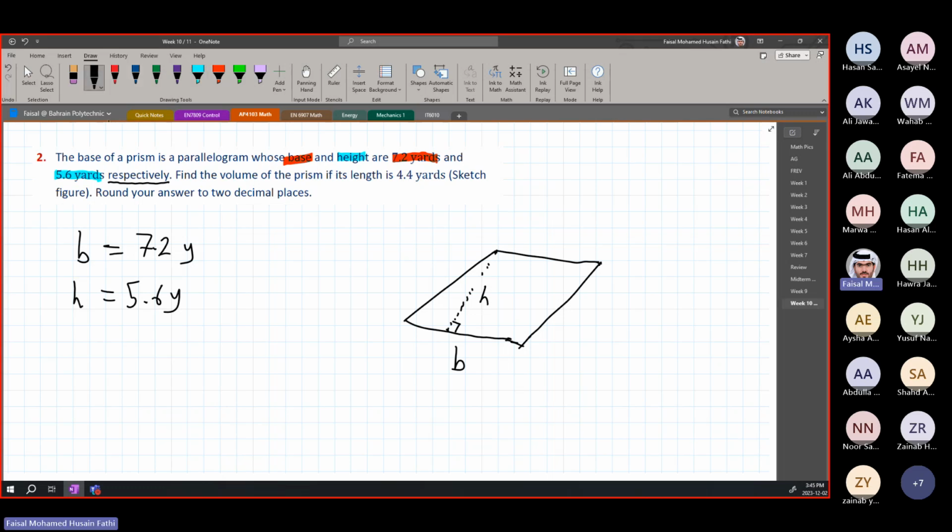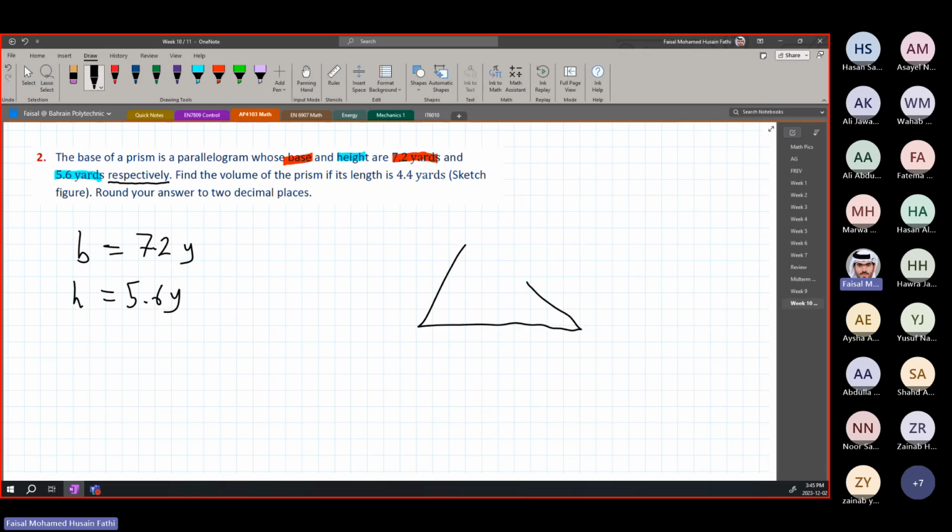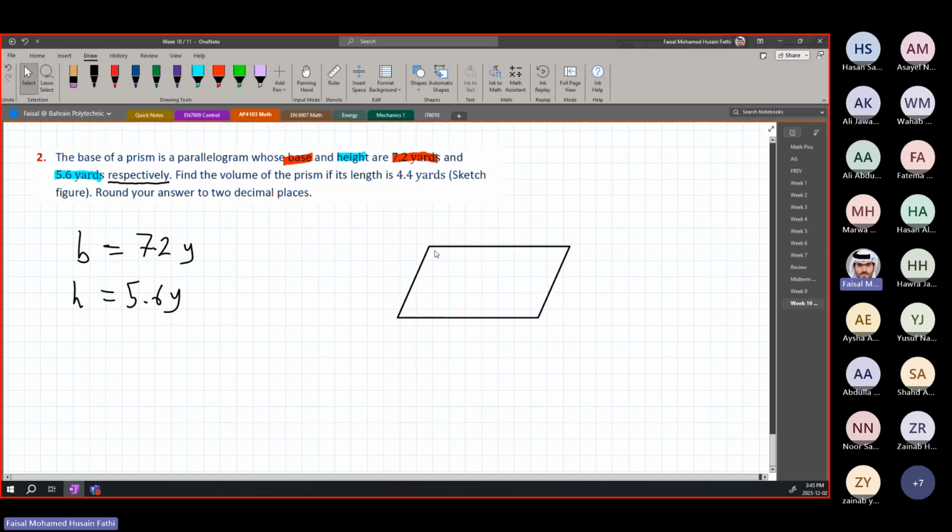Find the volume of the prism if its length is 4.4 yards. Now, let me just redraw this because I don't like the way it looks. Okay, so we have a parallelogram.